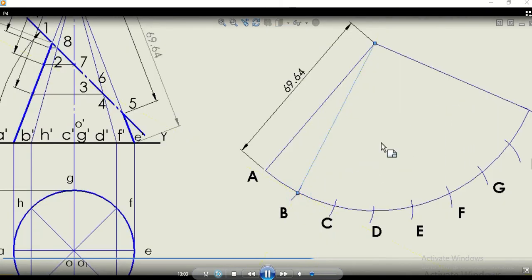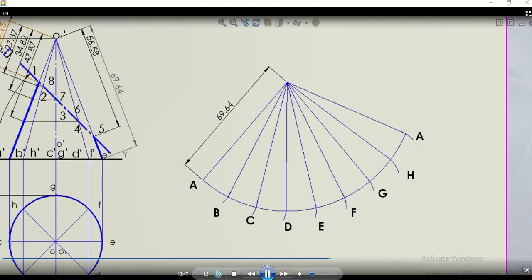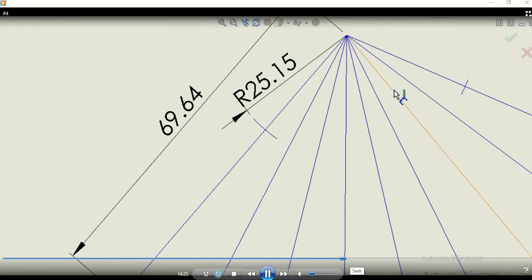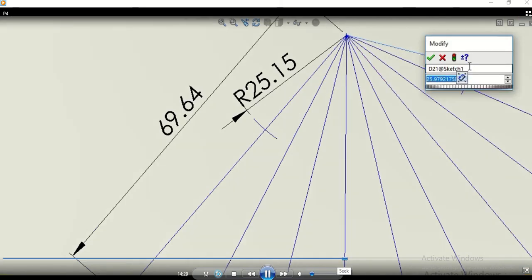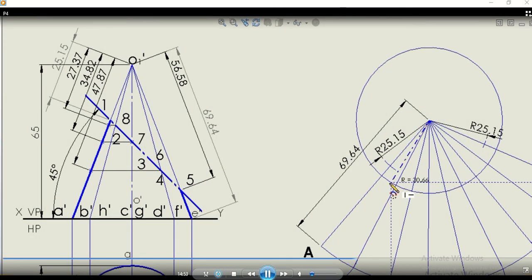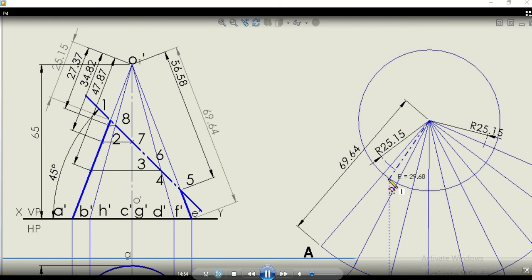First you need to connect all these generators, O to A, O to B, O to C, O to D, and on these generators you need to keep on cutting an arc, by measuring the distance from the front view of the orthographic projection. Here measure O to 1, cut an arc, then measure O to 2, cut an arc, measure O to 3, cut an arc. Like that you need to keep on cutting an arc on these end generators.